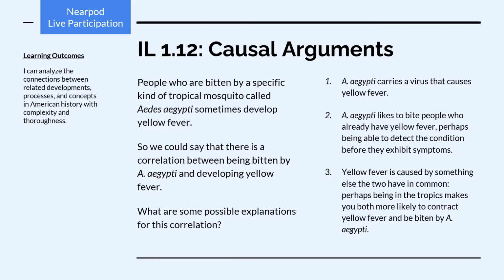Perhaps they can detect certain things in the blood of people who have this condition before they exhibit any symptoms of it. We could also say that maybe yellow fever is caused by something else, and the two correlative elements here just have something else in common. Perhaps just being in the tropics makes you both more likely to contract yellow fever from something else and be bitten by this type of mosquito. So in that case, the correlation here is pure coincidence.